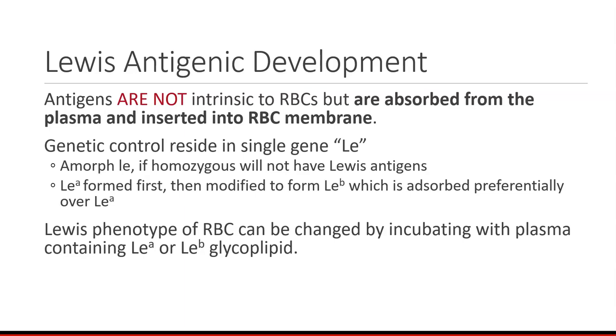This is why we want to give cross-match compatible, but let's say you have a person with anti-Lewis A, and the blood you're transfusing has Lewis A, the transfused cells will change to the Lewis phenotype of the person you're transfusing them into.